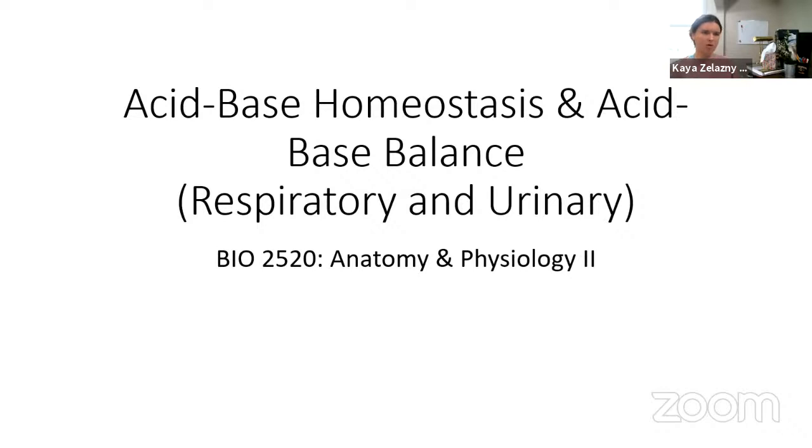Okay, so for this unit, we're going to begin with our last topic on the renal system before we move into the GI system and the reproductive system. So for today, our topic is acid-base homeostasis and acid-base balance.